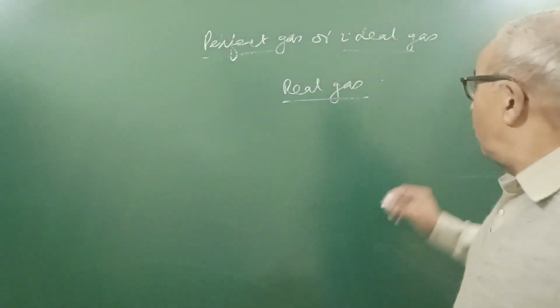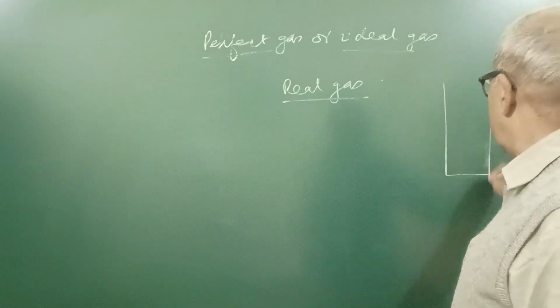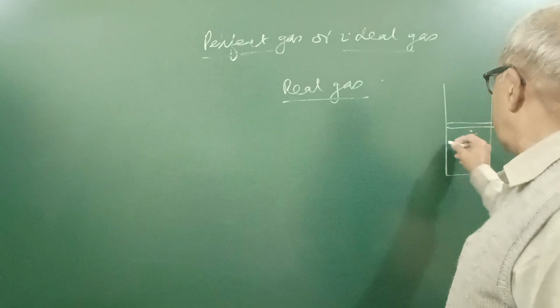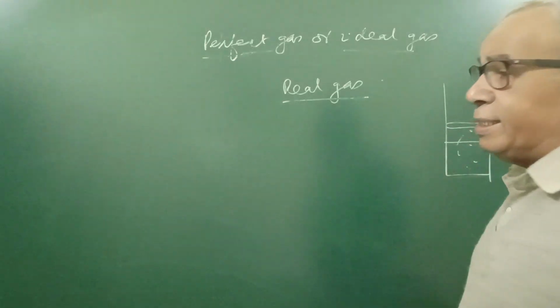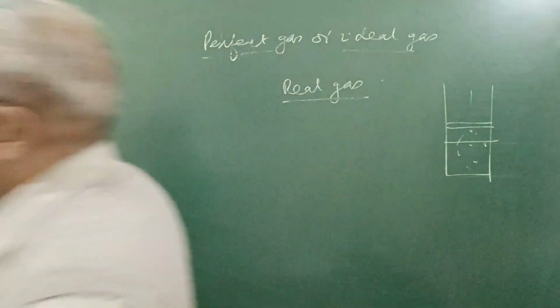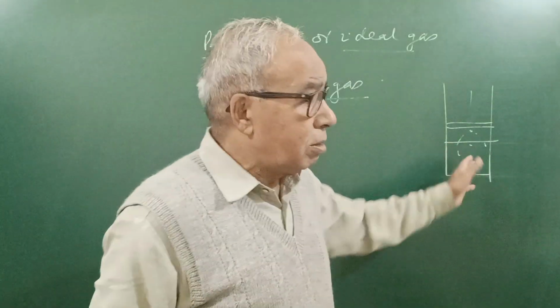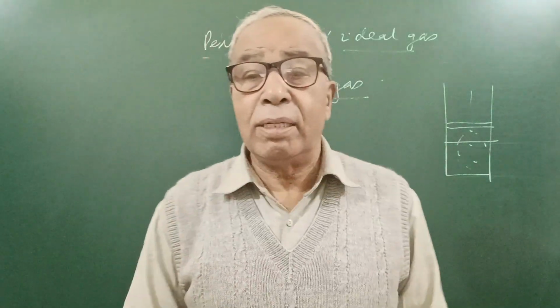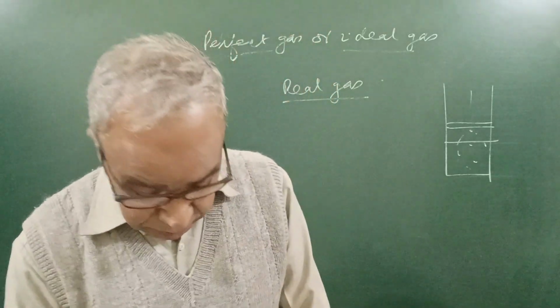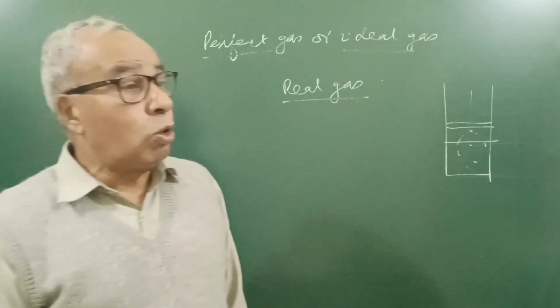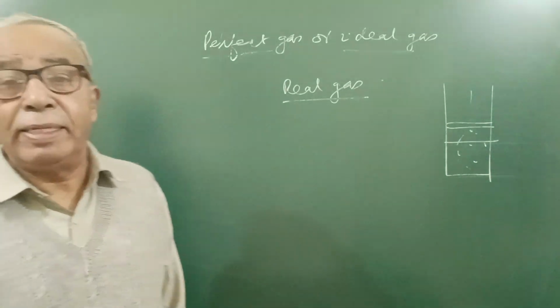But when the gas is compressed, molecules come close together, and due to this fact the gas does not behave like a gas. An ideal gas is that which always behaves like a gas, does not get solidified, does not get liquefied.